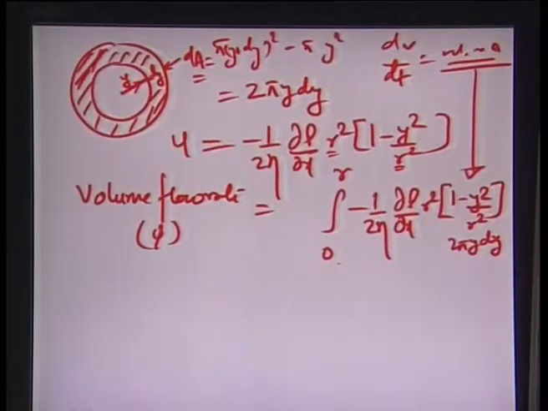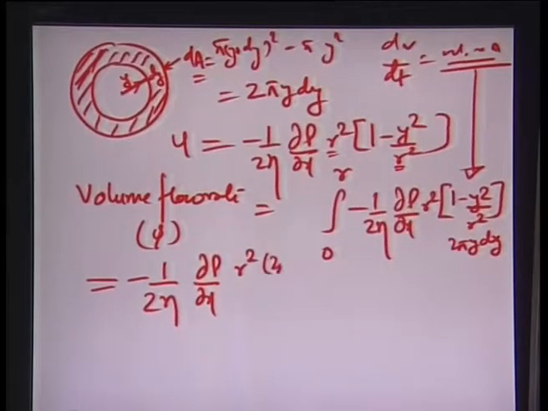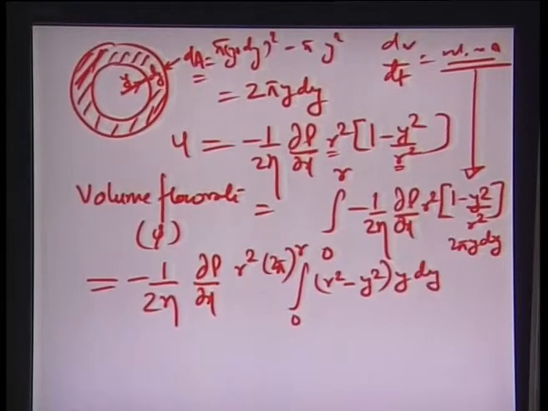Essentially if you just solve this equation, you can take minus 1 by 2 eta del p by del x and r square and twice pi outside the integral 0 to r of r square minus y square times of y times of dy, and there is a divided by r square here.